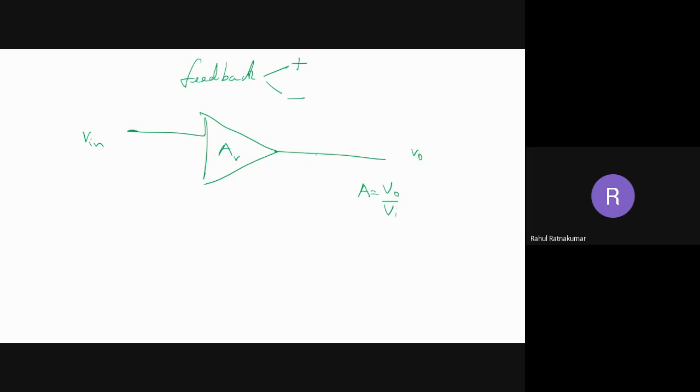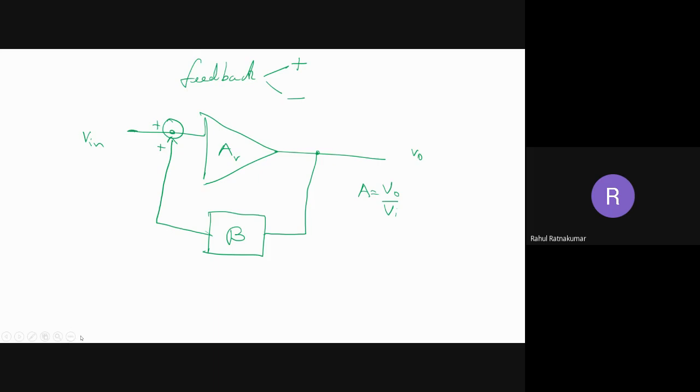Suppose I am connecting a feedback. I am connecting the output to the input. Maybe there is some processing also, some beta, can be whatever, and I'm giving it to the input. So for example, this is an adder here. What happens? My feedback is adding to the input. So this is called positive feedback.